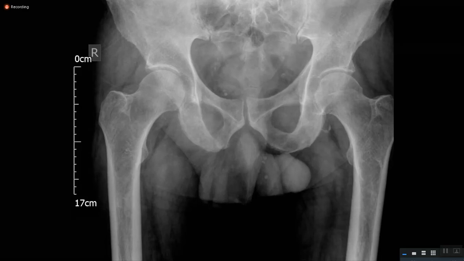Come anteriorly, anything happening at the level of, let's say, the ischial tuberosity? Look at the soft tissues also. There's asymmetry in the soft tissues of the medial compartment of the thigh. Excellent. Just looking at the adjacent cortex, there's possible increase.